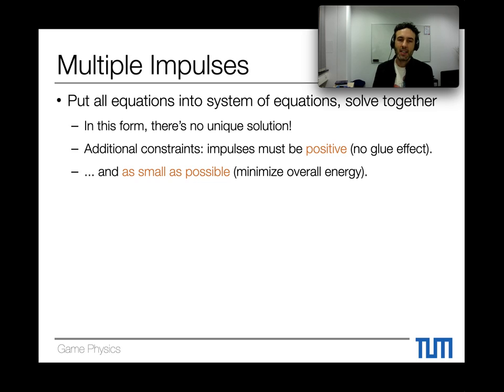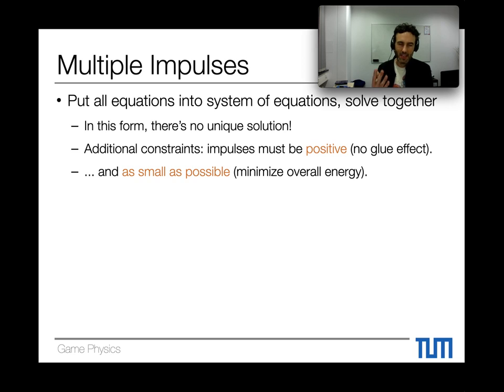Rather, we want the impulses to be as small as possible, right, to, in a way, minimize the energy of the impulses. And hence we really have to respect the inequalities and not just enforce the relative velocities as zero.